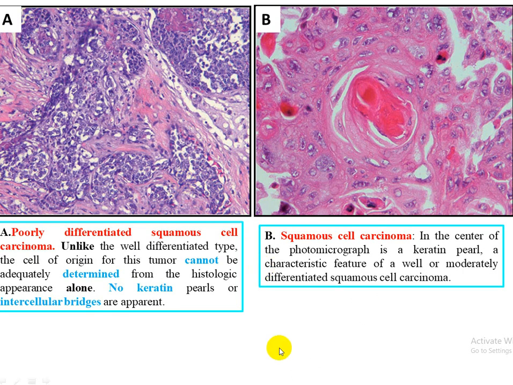Another example of malignant tumor compares well-differentiated and undifferentiated types. It is a squamous cell carcinoma. Squamous cell carcinoma in figure B is well or moderately differentiated, characterized by pleomorphism, with neoplastic squamous cells arranged as nests and producing keratin, forming keratin pearls, indicating squamous cell carcinoma.